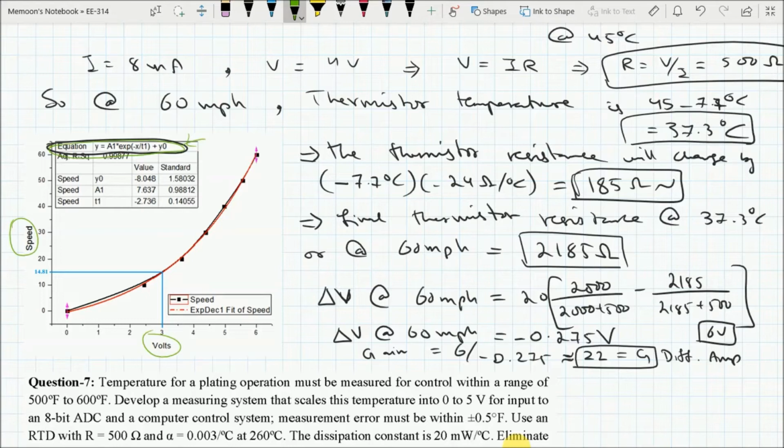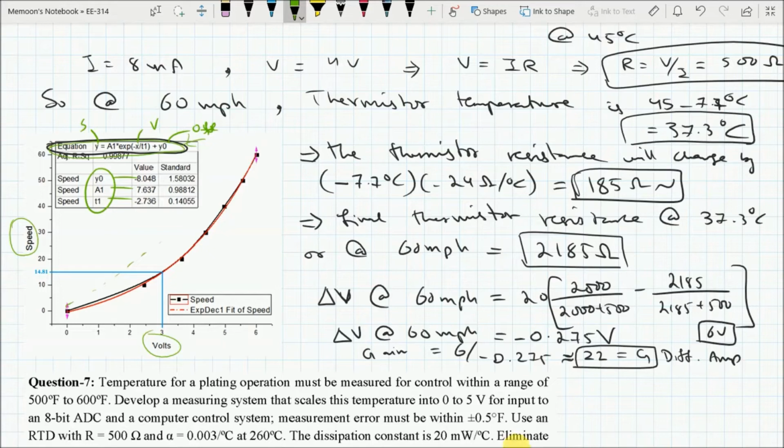On your x-axis, this x is the volts, and on your y-axis, this y is the speed, and this y naught is the offset, and this t1, a1, and y naught, they are constants. So the actual expression of this system is an exponential expression, not a linear expression.